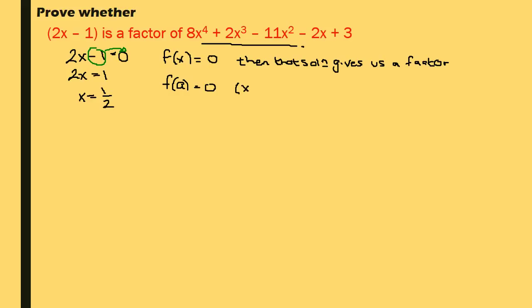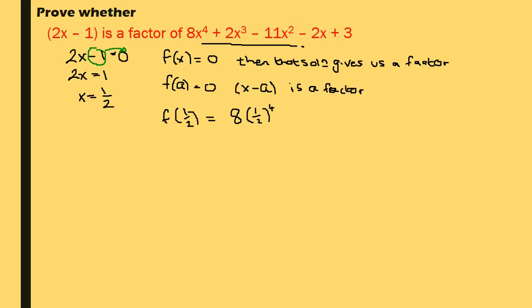If that is equal to naught, then x minus that number a is a factor. So it should save us a little bit of work, because we could do division of polynomials to do it. So we're going to check to see whether f of a half gives us naught.